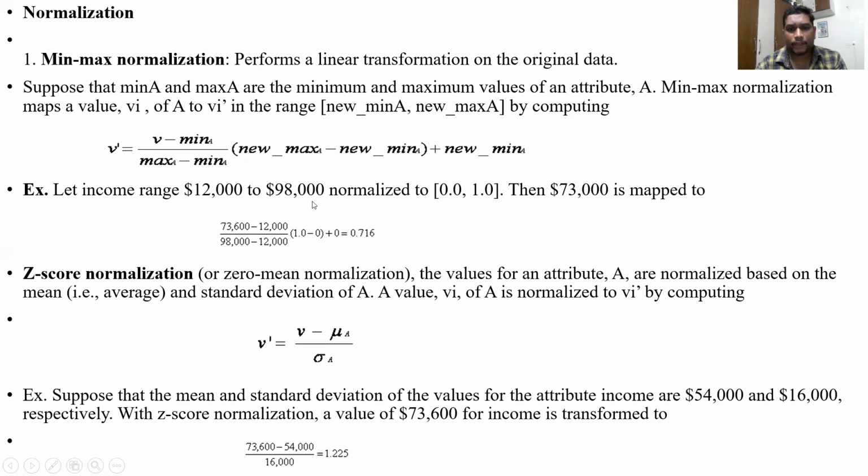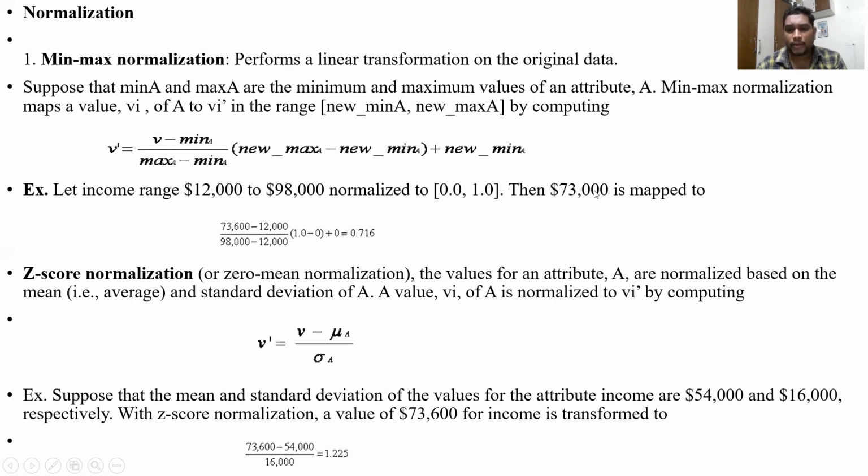For example, you have a salary attribute, where the minimum value is 12,000 and the maximum value is 98,000. Now you have to normalize the data into 0.0 to 1.0. Clear? In the data, the first value is 73,000.